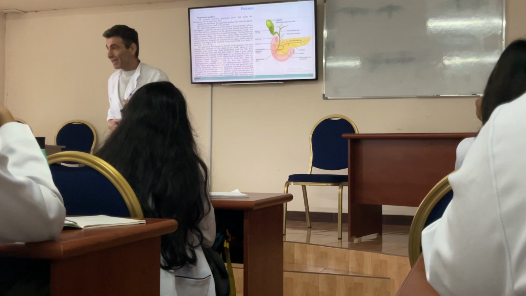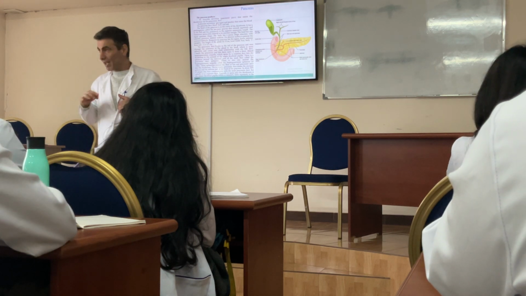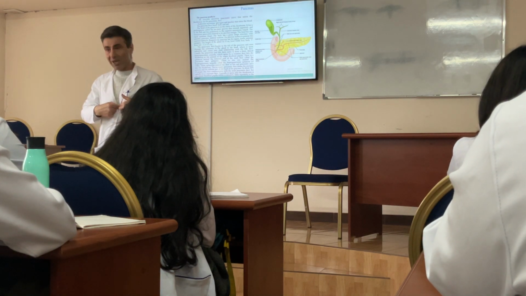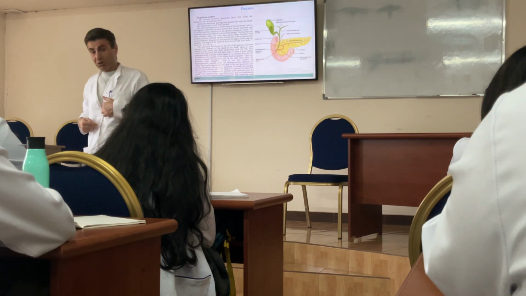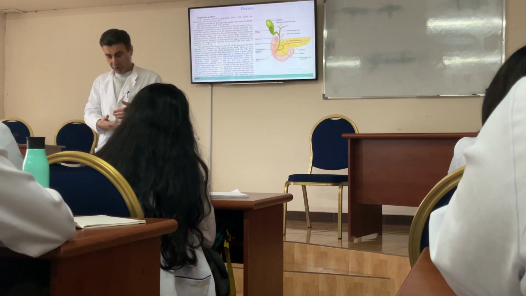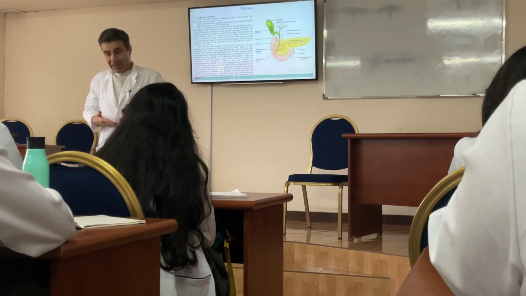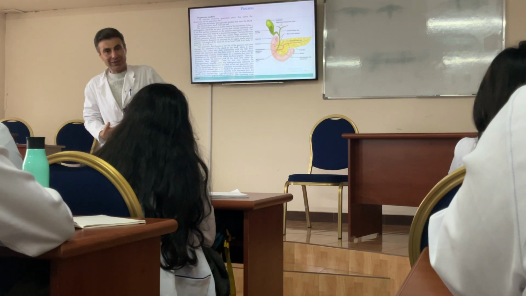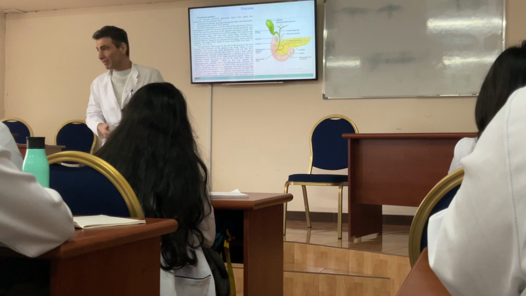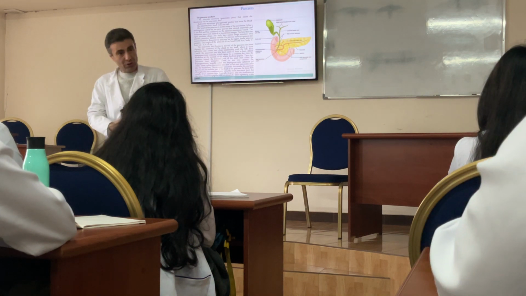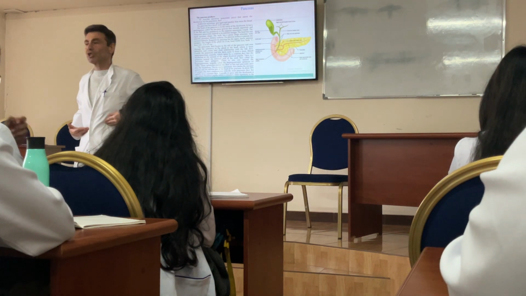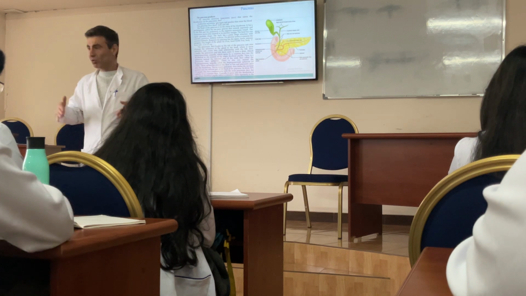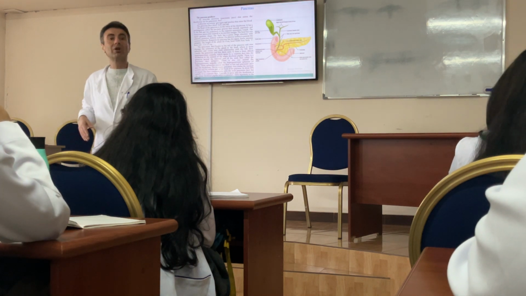If you make an imaginary horizontal line approximately from the midpoint of the distance between your xiphoid process and umbilicus, and turn this line approximately 10 degrees from right to left, it will immediately show you the projectional anatomy of the pancreas on the anterior abdominal wall.